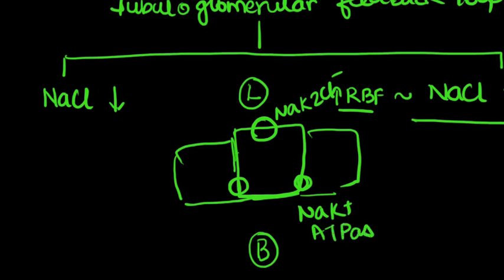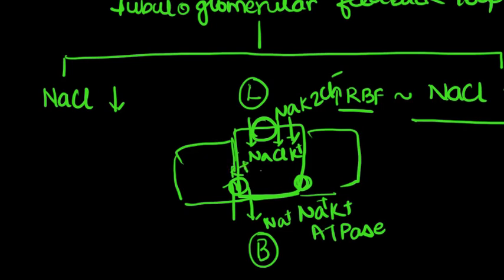What is the purpose of these two transport systems? From the lumen where the fluid is, the co-transporter will take up three things: the sodium, the chloride, and the potassium.